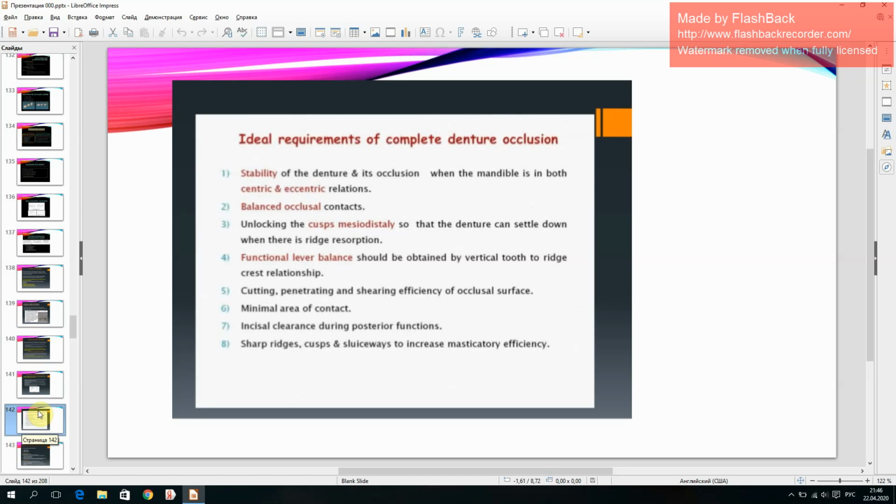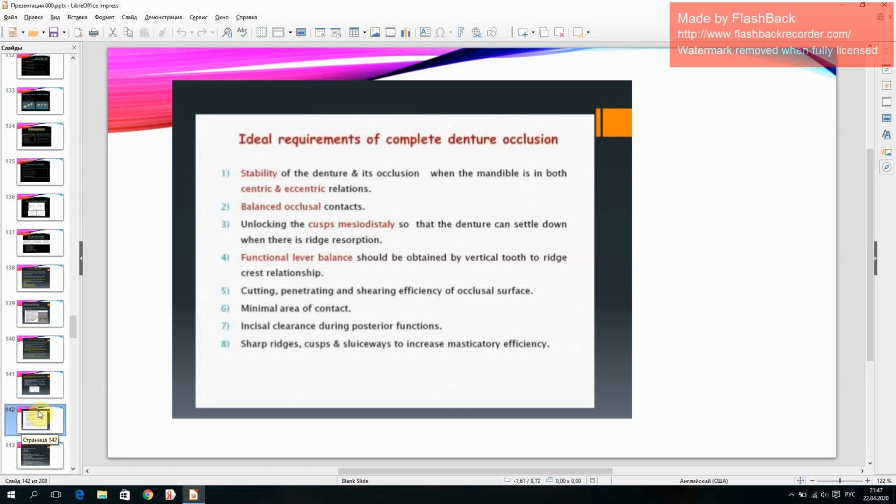Stability of the denture and its occlusion when the mandible is in both centric and eccentric relations. Balanced occlusal contacts and locking the cusps mesiodistally so that the denture can settle down when there is ridge resorption.